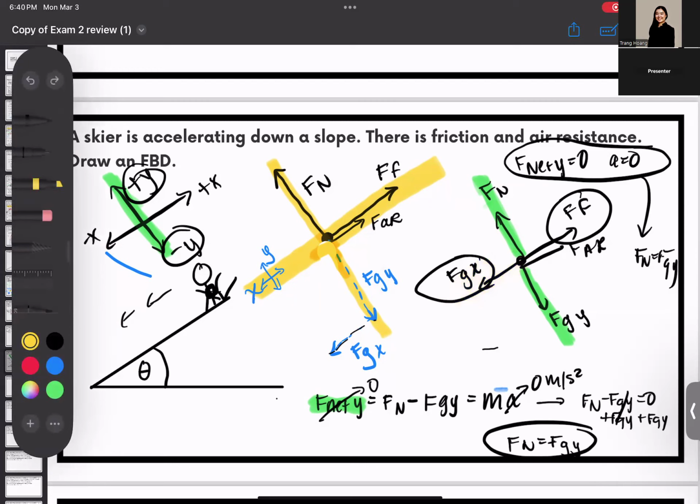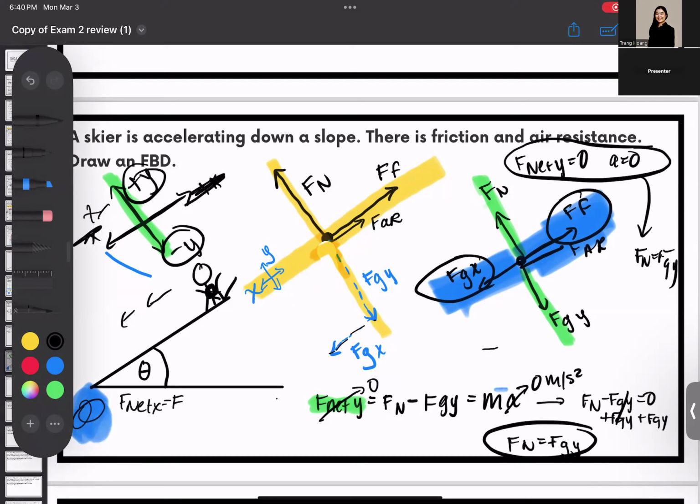But think about it, right? F net x is equal to whatever's in your, oh, I'm sorry, I wrote this wrong. Positive x, negative x, because you're going down this way.